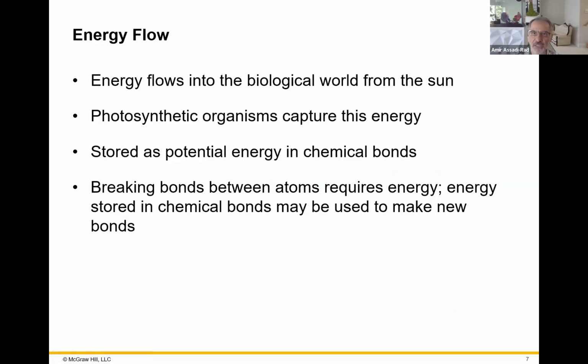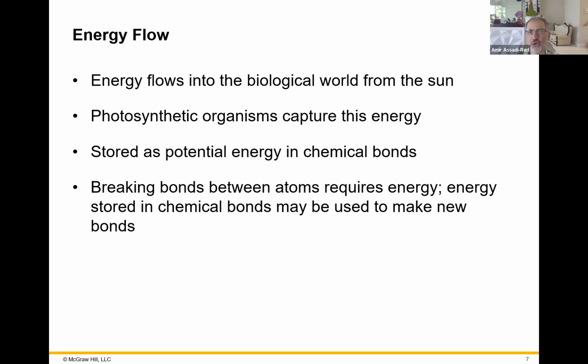Energy flows into the biological world from the sun. So the sun is the ultimate source of energy for all living organisms, even organisms in the deep sea that never see the sun. If there is no sun on planet Earth, they will die too.